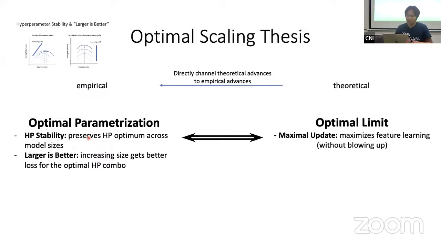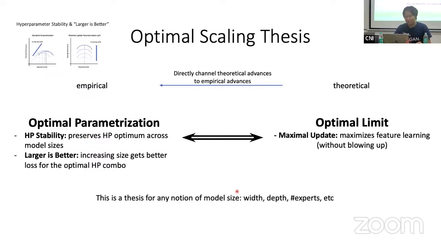So this is a very precious idea in some sense, because there's this direct bridge between theoretical bands and empirical bands, which is rather rare. Also, the way I phrase it, this is a thesis that's independent of the model size. Obviously we're focused on width here, but you can also talk about this with depth and other axes.